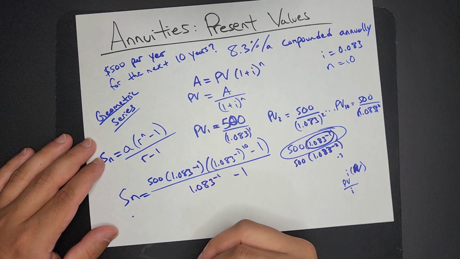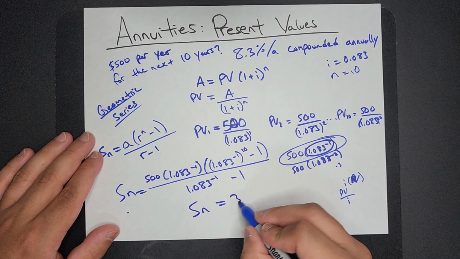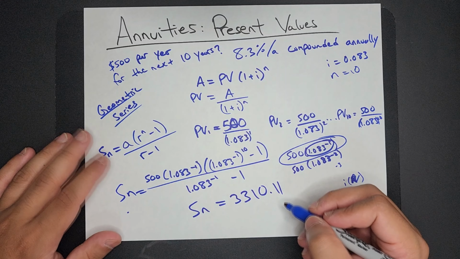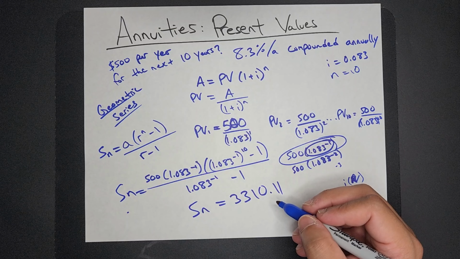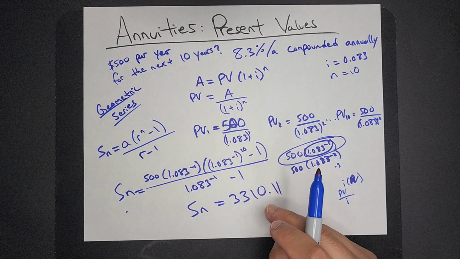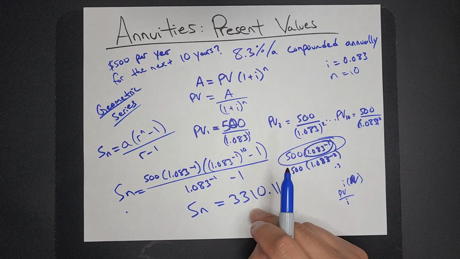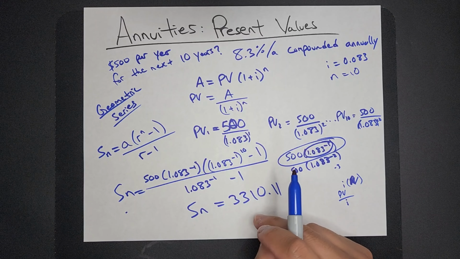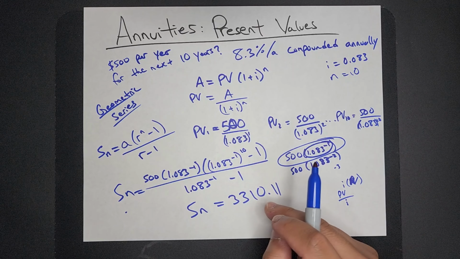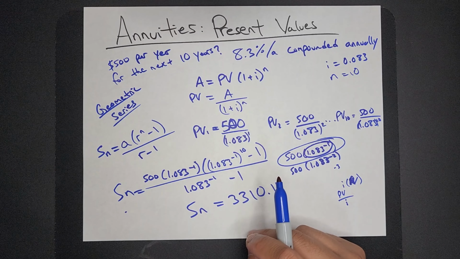A little bit more complicated than I like it to be, but let's punch that into a calculator and you get 3310.11. So I would need to invest 3310.11 now to provide a payment of $500 every year for the next 10 years. Well, that's interesting.